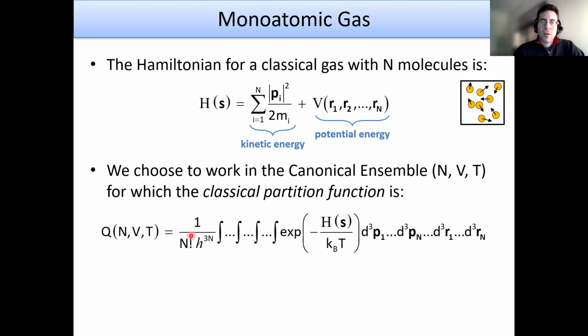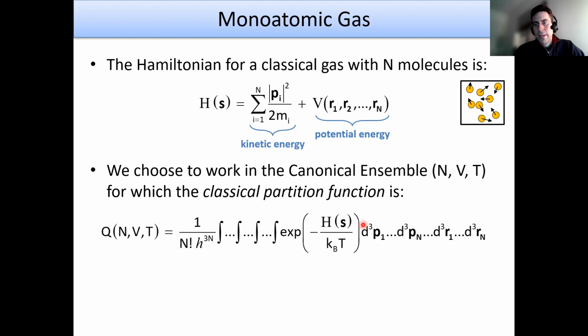So 1 over n factorial is a term that corrects for the overcounting of this integral, because the molecules that we have in the system are indistinguishable, right?